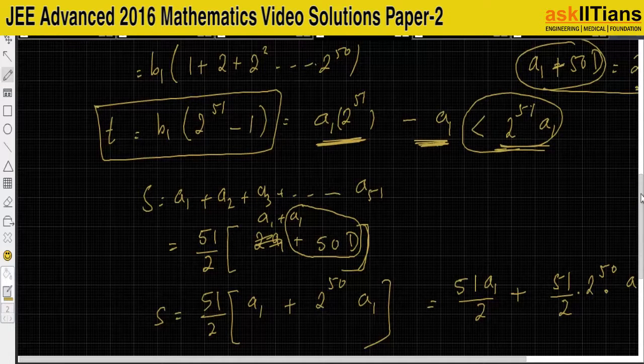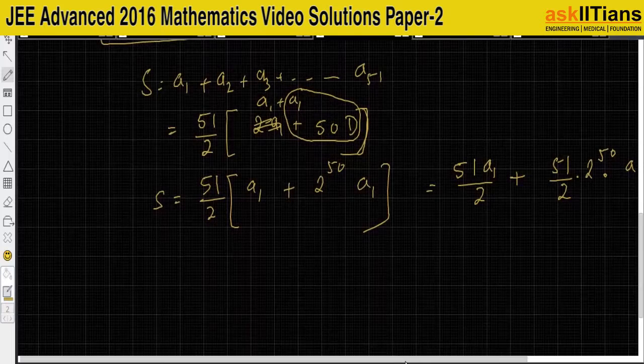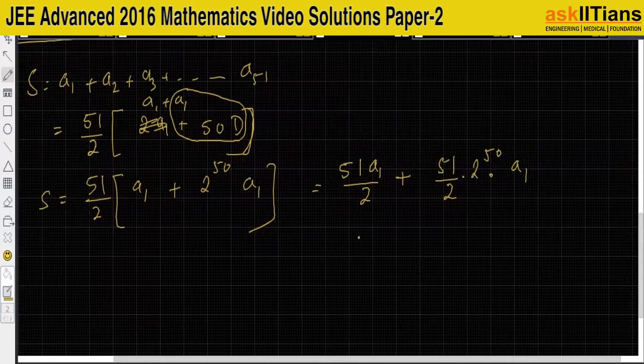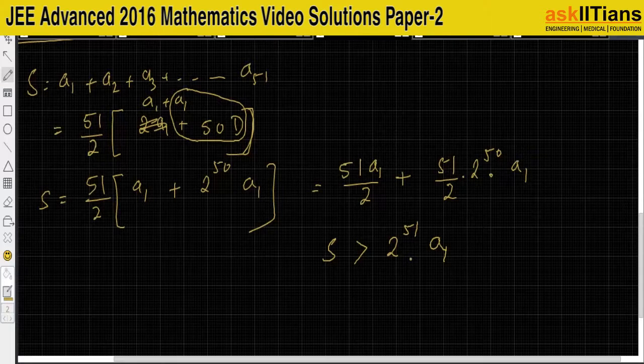And what about s? S contains this term, right? From here I can say that s is greater than 2 power 51 into a1, because here I can see clearly that 2 power 50 into a1 is there. Then I'm multiplying by a very big factor, which will be around 25.5.